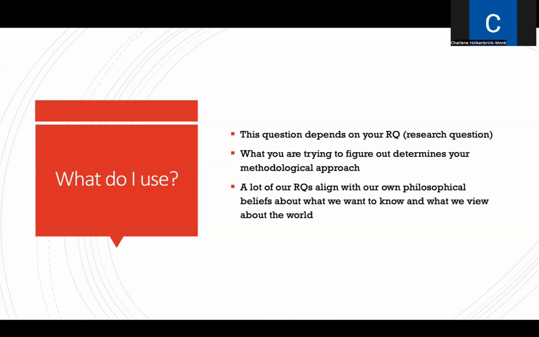You want to know what's going on in the world, and what you want to know is dependent upon what your philosophy is. So oftentimes your philosophy helps influence your research question, which in turn then would influence what your approach is to understand the world. So I just kind of wanted to touch upon that a little bit more and help you kind of understand these.